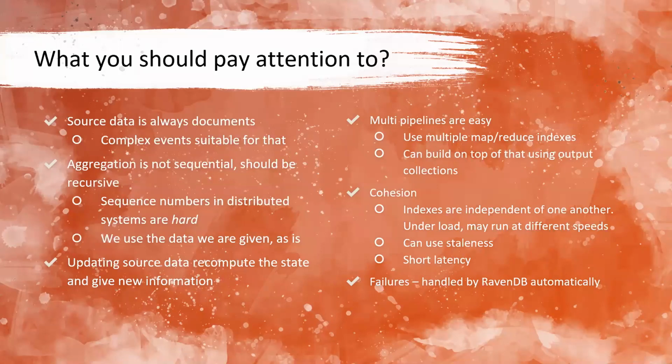In fact, it doesn't actually matter. So that's important. Another thing that is important, when we aggregate, we don't necessarily aggregate in the order you think we do. Not using MapReduce, RavenDB just basically grabs chunks of the data, aggregates them, and then aggregates them over and over again until we get to the right result.